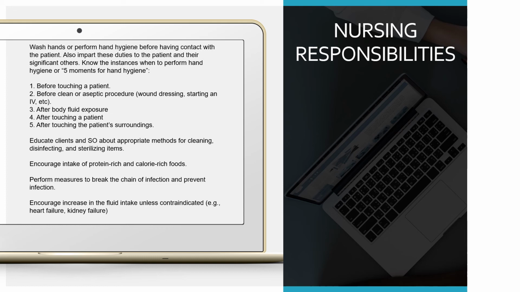Number 3. Dispose of soiled linens properly. Number 4. Ensure all fluid containers are covered or capped. Number 5. Avoid talking, coughing, or sneezing over open wounds or sterile fields. Number 6. Wear gloves when handling patients' secretions. And number 7. Instruct clients to perform hand hygiene when handling food or eating.